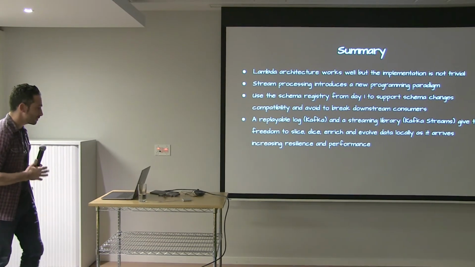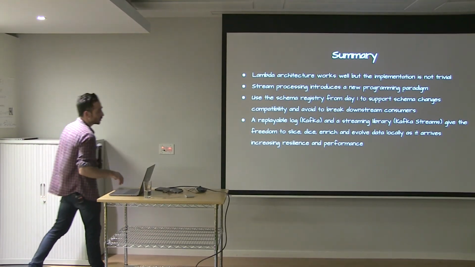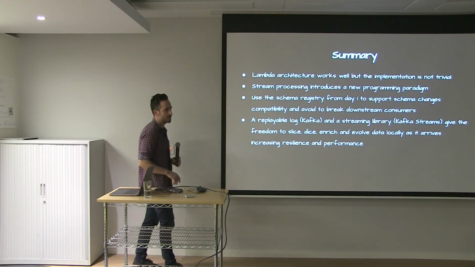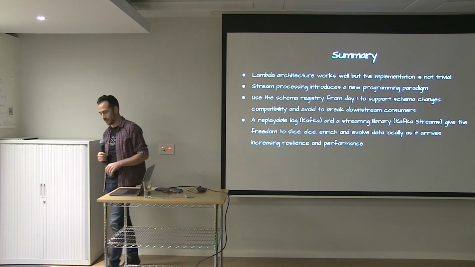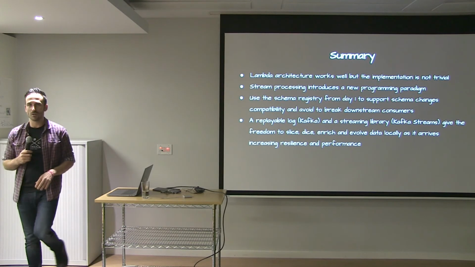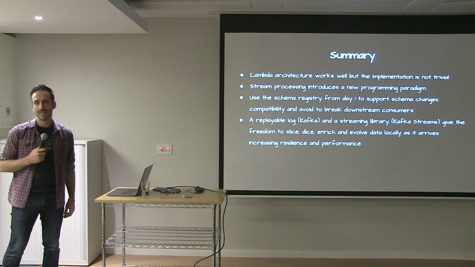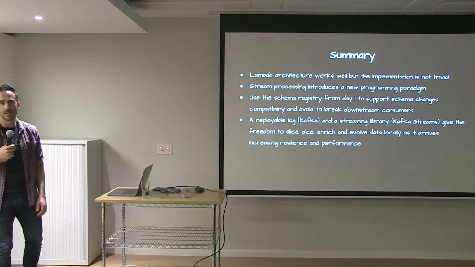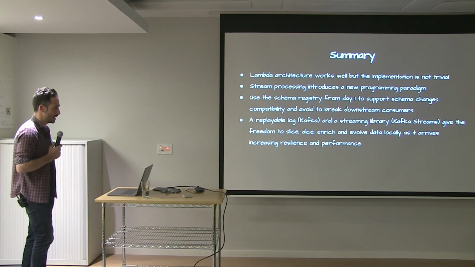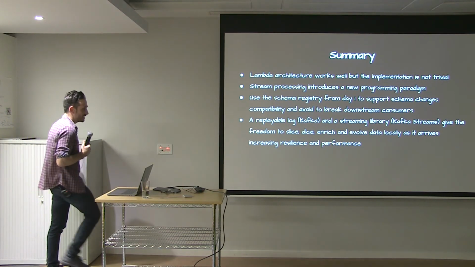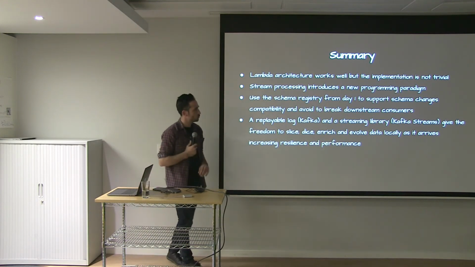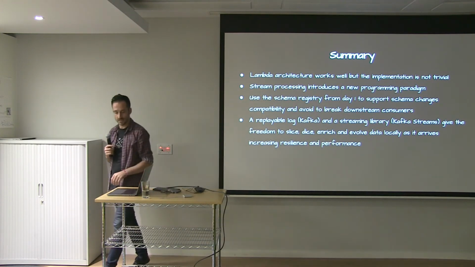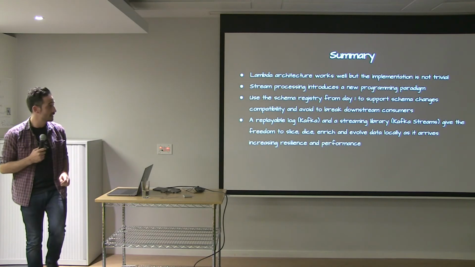So in summary, we have seen that the Lambda architecture works pretty well, but the implementation is not trivial. Stream processing introduces a new paradigm in terms of programming. This is probably an obstacle that we have seen, because most people are not used to this, and you have to introduce it incrementally. Use Schema Registry from day one to avoid breaking downstream consumers.